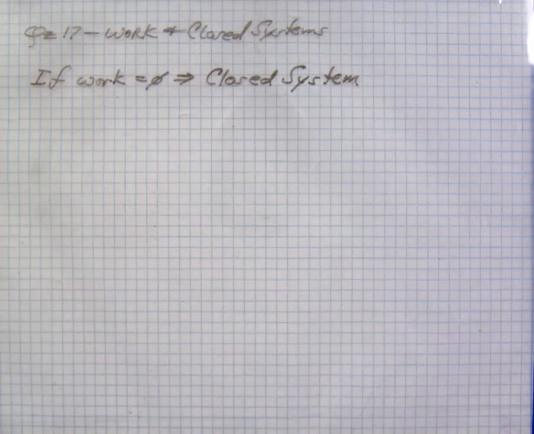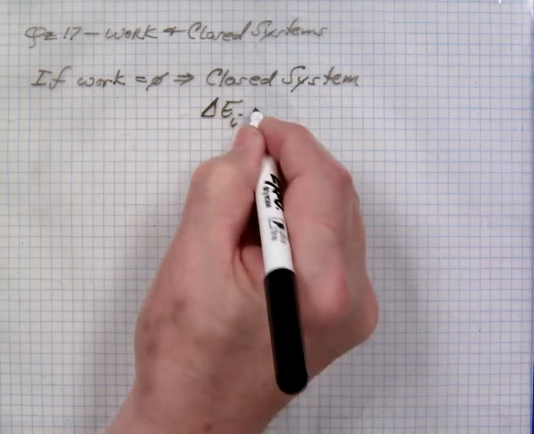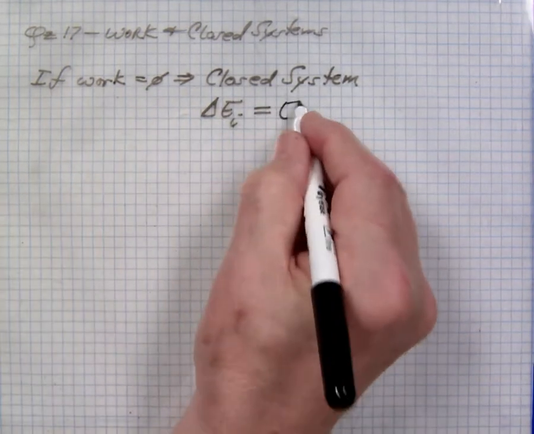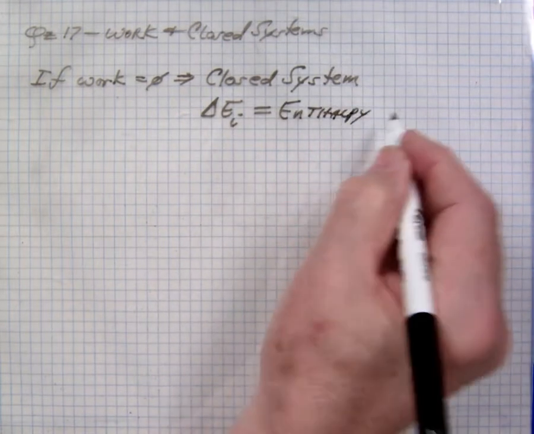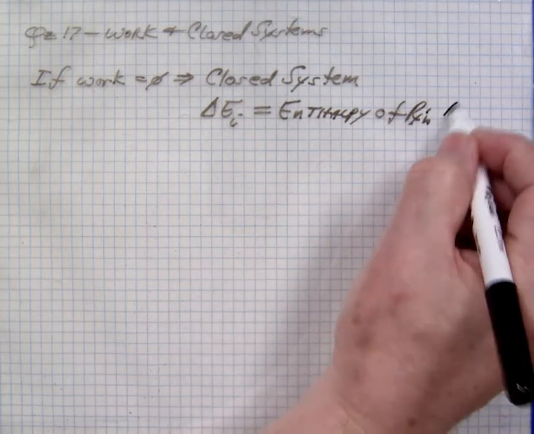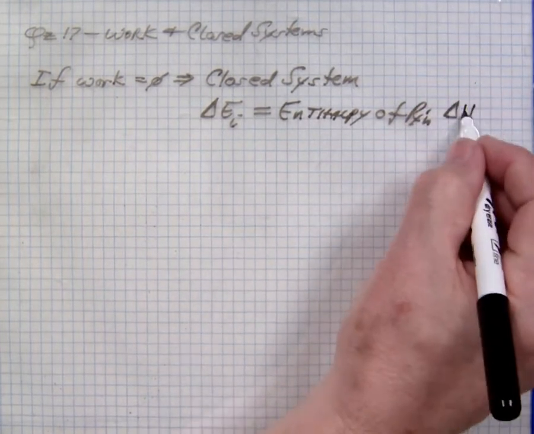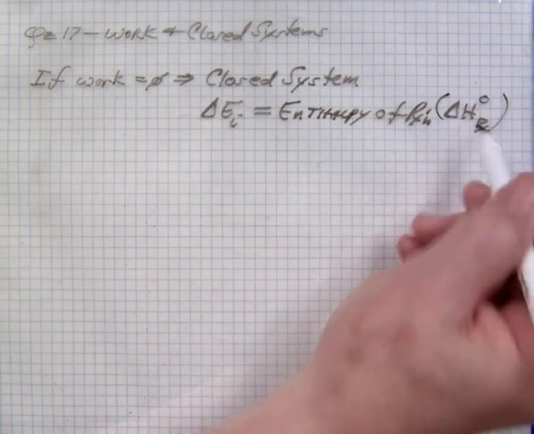Now, what does that mean, closed system? It means that the internal energy, delta E, depends only on the enthalpy of reaction. And in most problems that you would be involved with, that's simply delta H of the reaction.